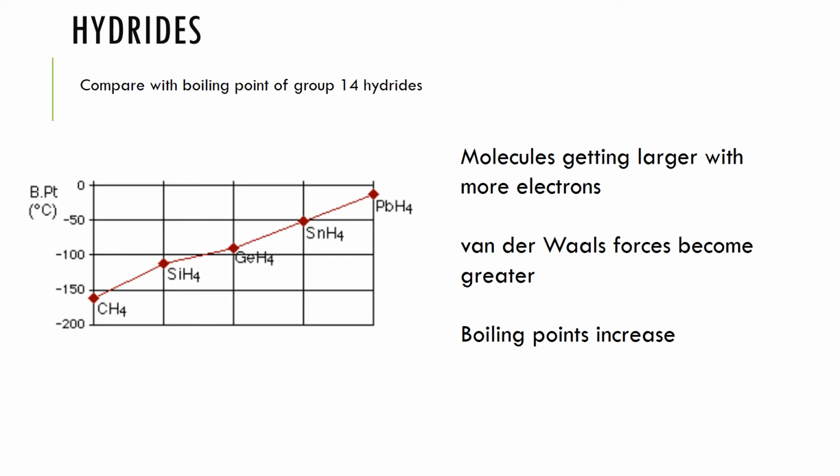Now, if you were to compare that with the boiling point for the group 14 hydrides, so carbon's group, then you can see that as you go down the group, the boiling points increase up. Methane has a boiling point of about minus 160 degrees Celsius. The tetrahydride of lead has a boiling point of about minus 20 degrees Celsius.